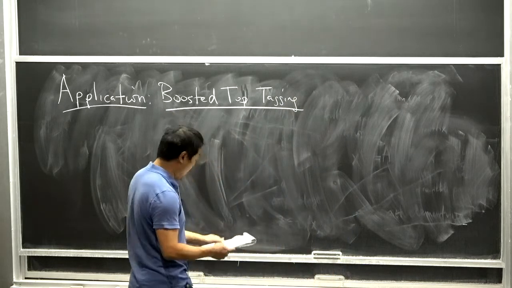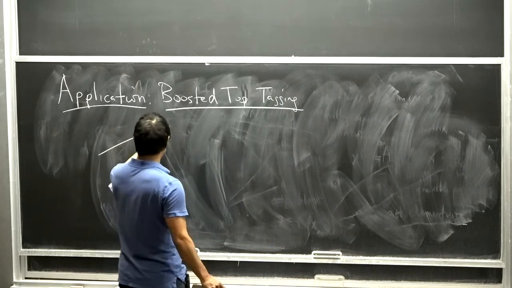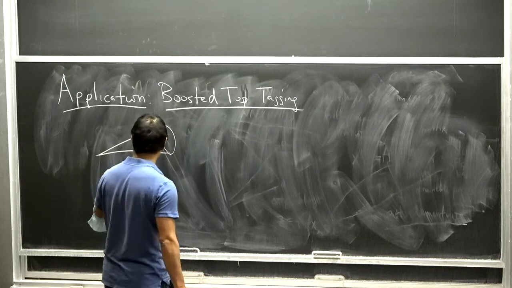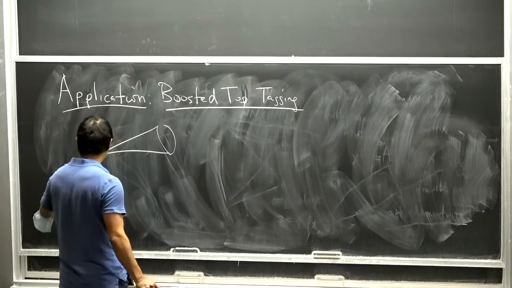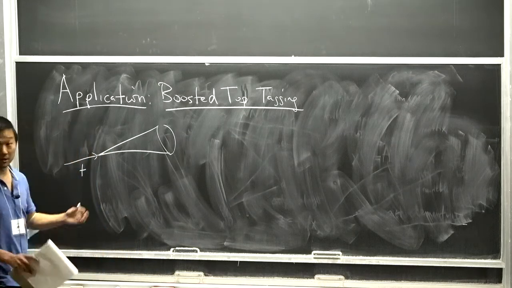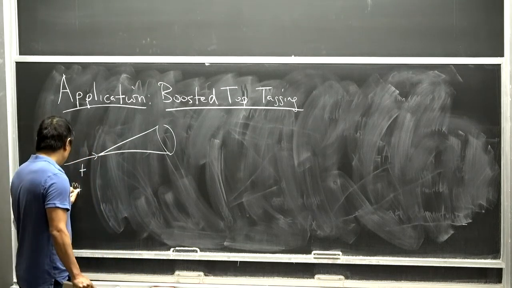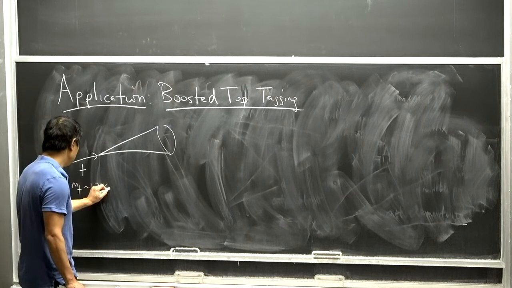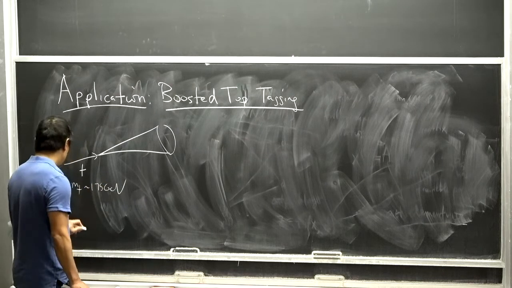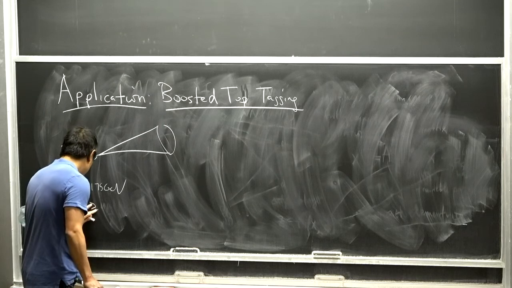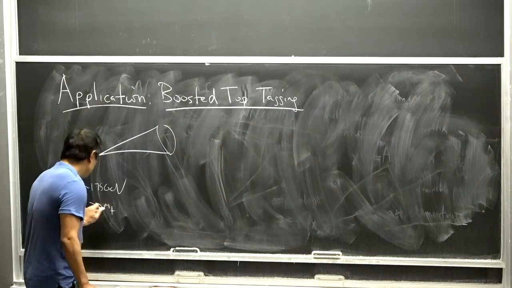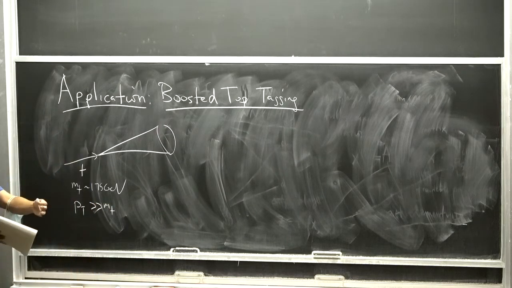Okay, so here the problem is that we'd like to be able to distinguish top quarks, so a very energetic top quark. The top has a mass of 175 GeV. So if its PT is much, much greater than its mass, it's highly boosted, okay?